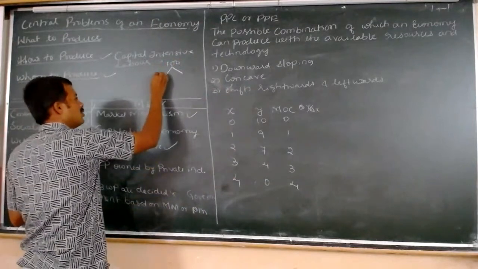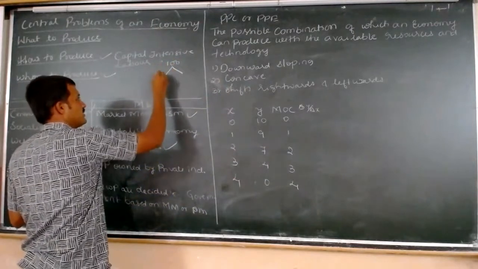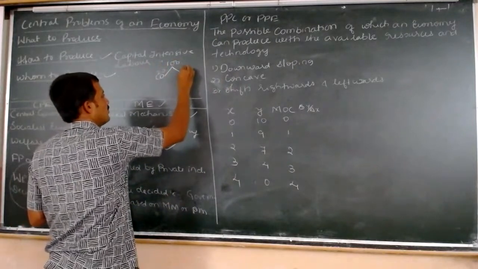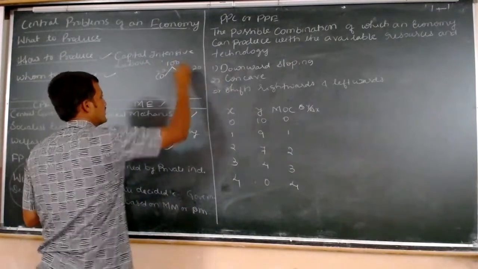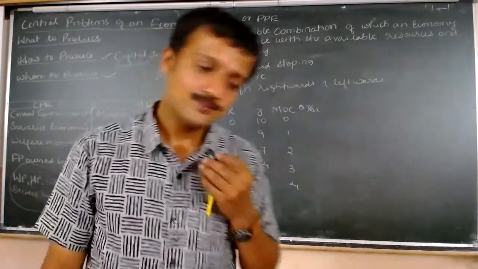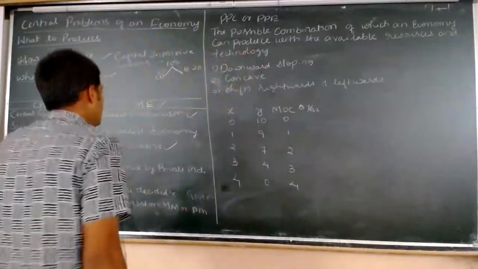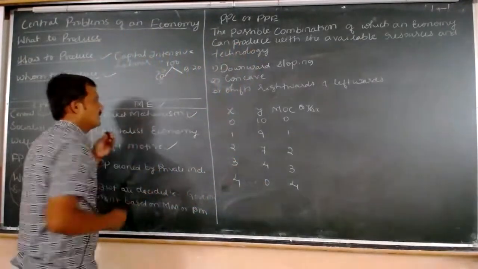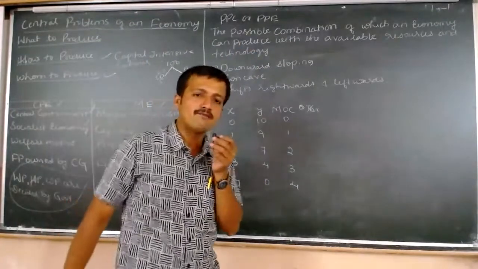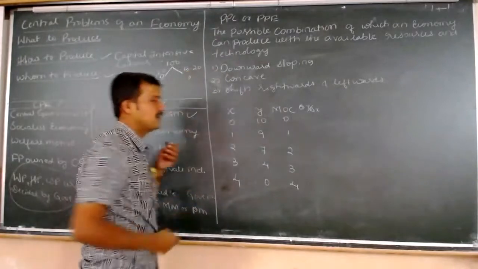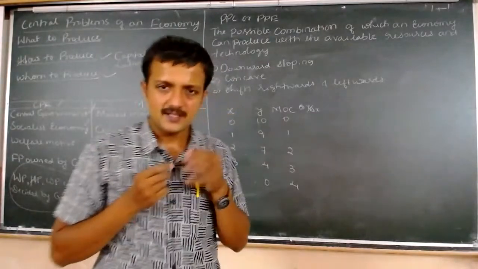And you have a cold drink which costs 20 rupees, and you also have a burger which costs 20 rupees. So you have 100 rupees income with you. Now what you can do is, you can buy 5 cold drinks, but when you buy 5 cold drinks, you cannot buy any burger because your income is limited.